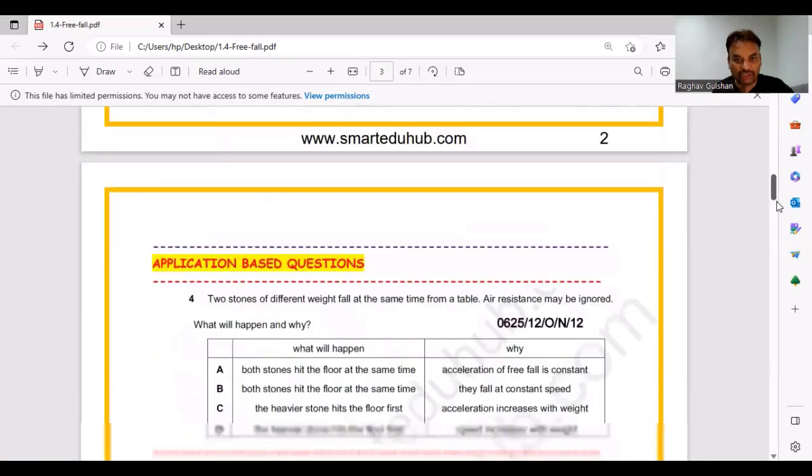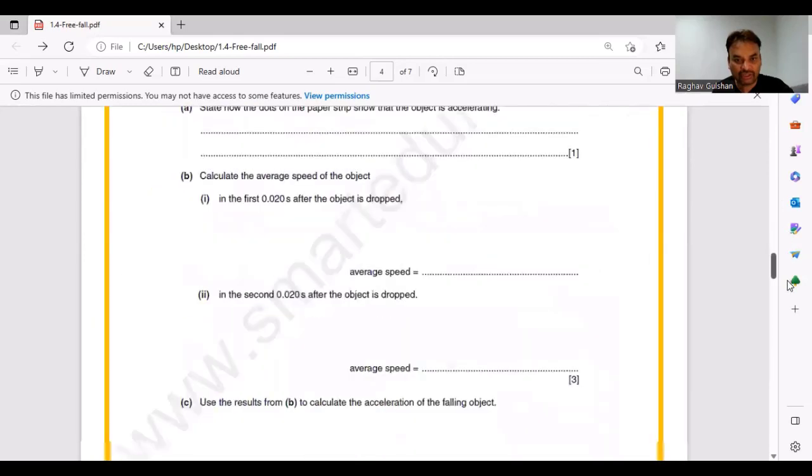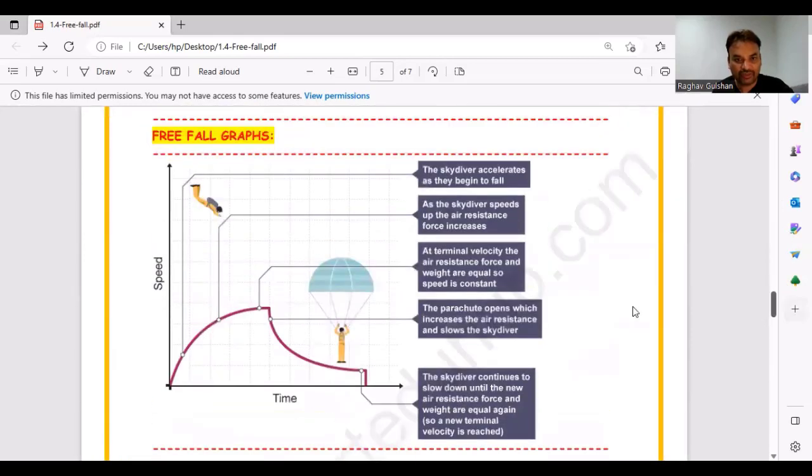So we can understand this graph in an easier way. The moment the parachutist jumps, the skydiver accelerates as they begin to fall. They get an acceleration equal to the acceleration produced by the earth, 9.8 meters per second squared.